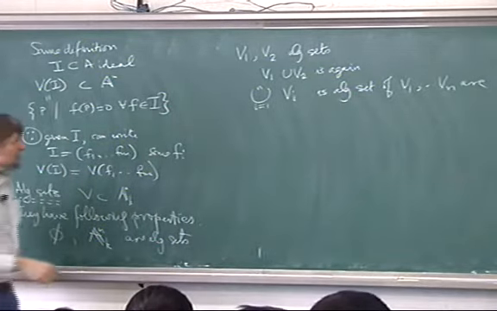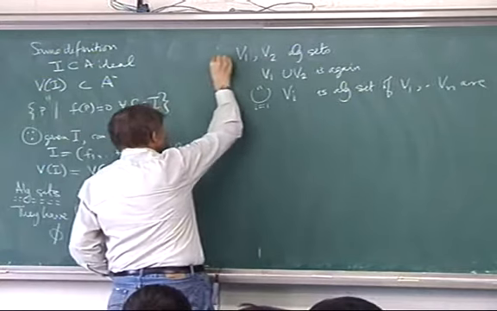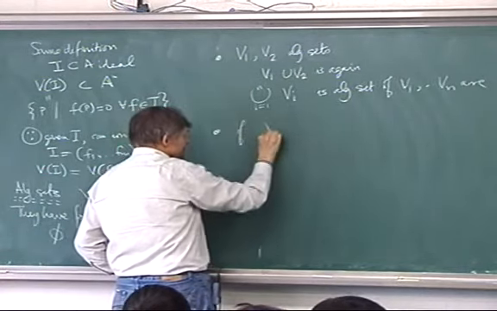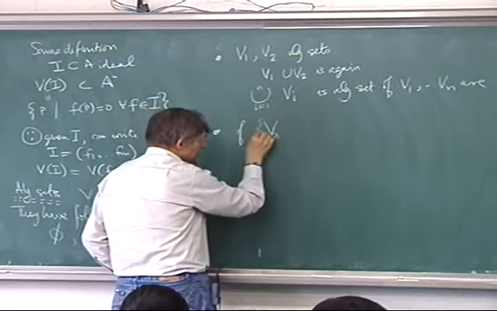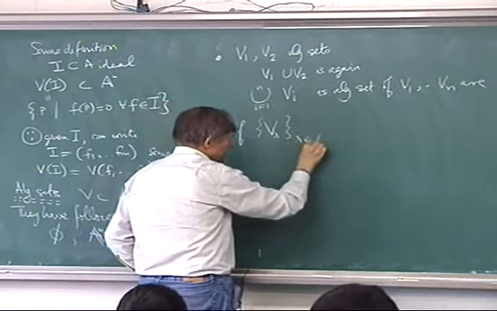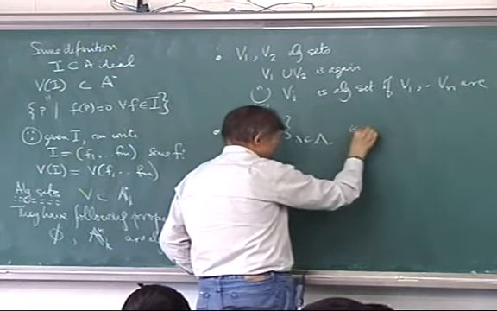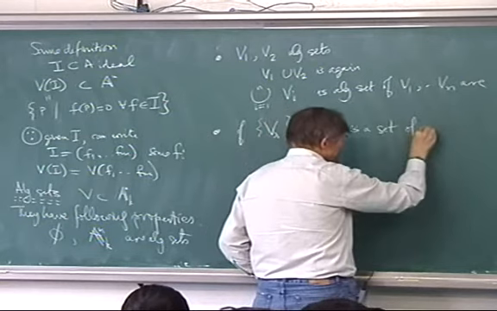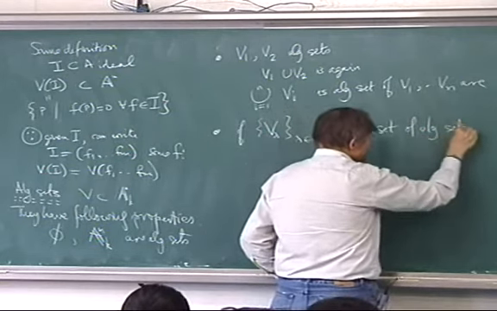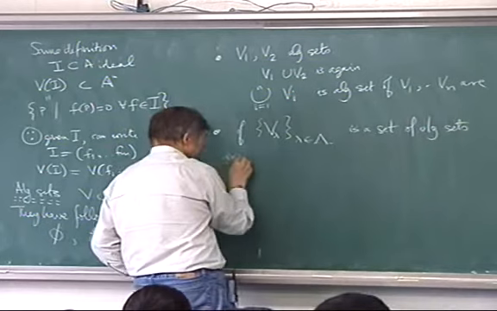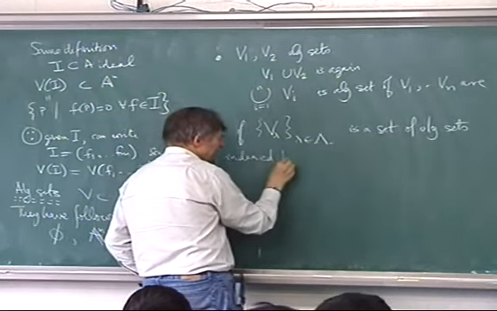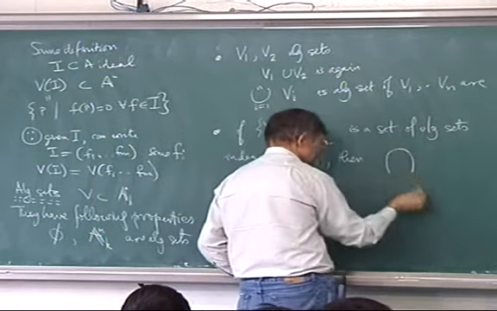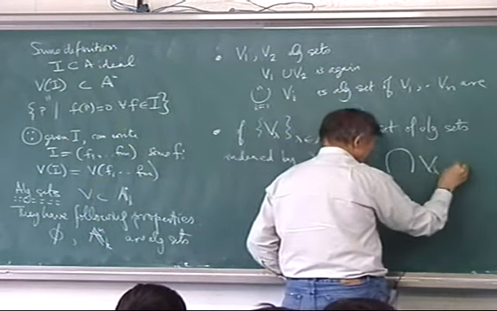And then if V_lambda, lambda in Lambda, is any collection of algebraic sets indexed by lambda, then the intersection of all the V_lambda is again an algebraic set.